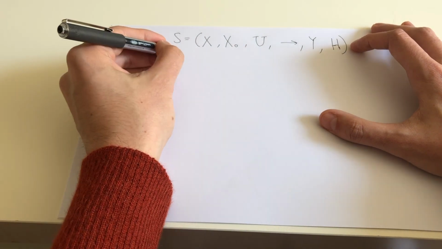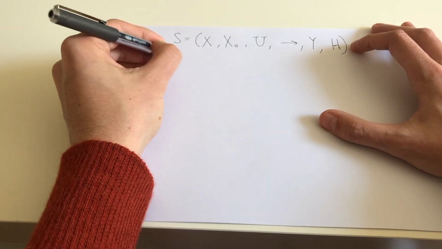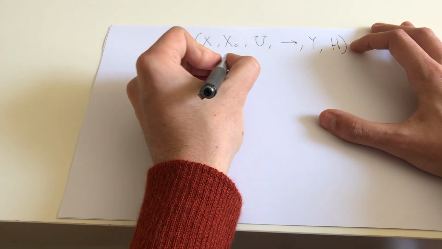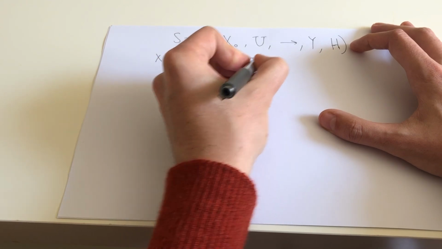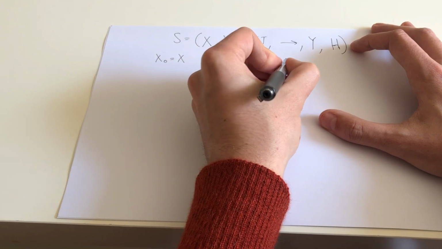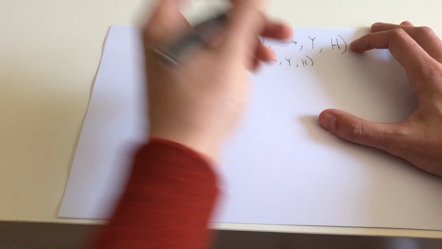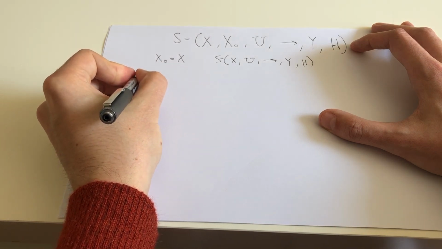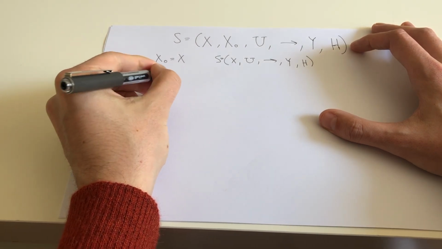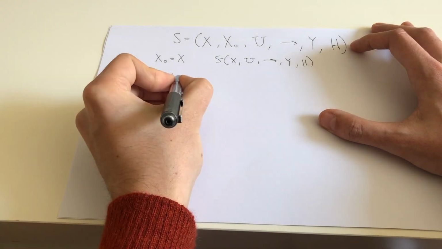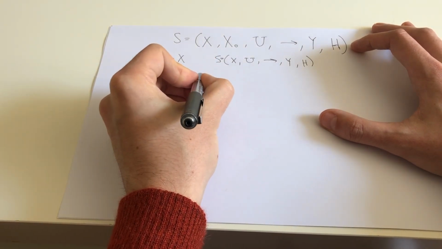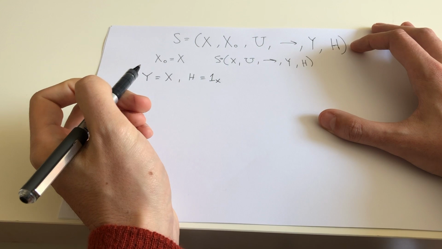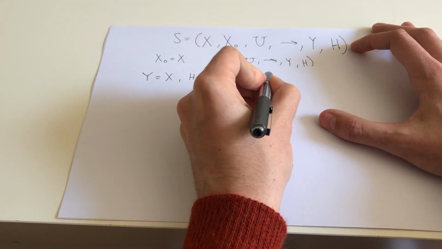If the set of initial states is equal to the set of states, we can simplify this, and we can have S equals X, U, the transition relation, Y, and H. If our outputs Y are just equivalent to the set of states, and if H is the identity map, we're going to write the identity like this, then we can also simplify the system.